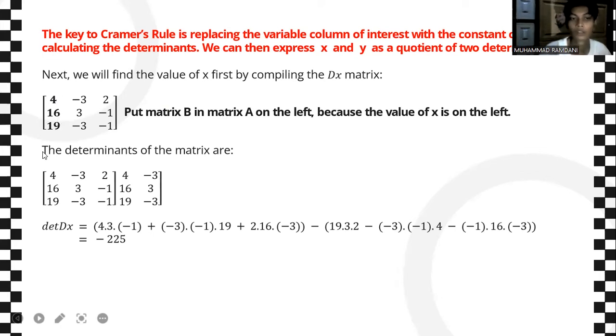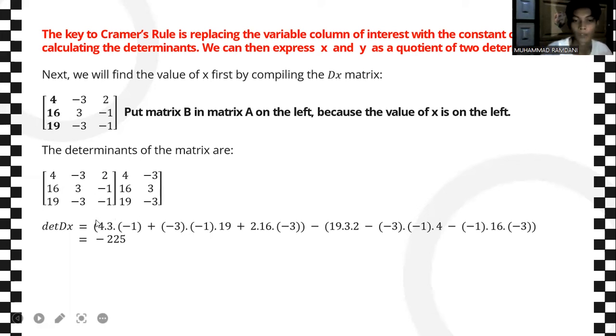The next step is we need to find the determinant of the matrix, also by using Sarrus' method. So now we have 4, minus 3, 2, 4, minus 3, 16, 3, minus 1, 16, 3, 19, minus 3, minus 1, 19, minus 3.